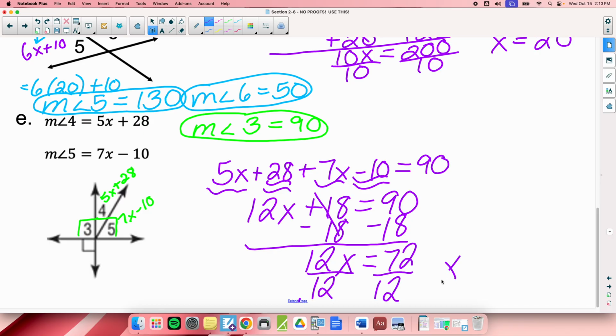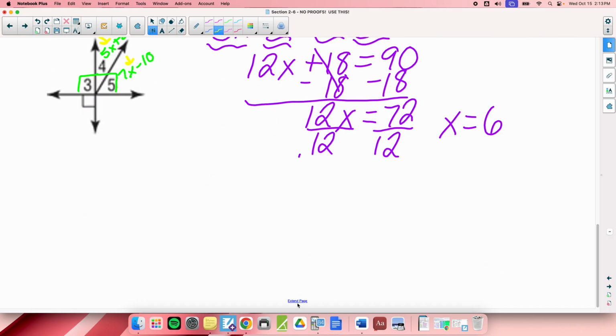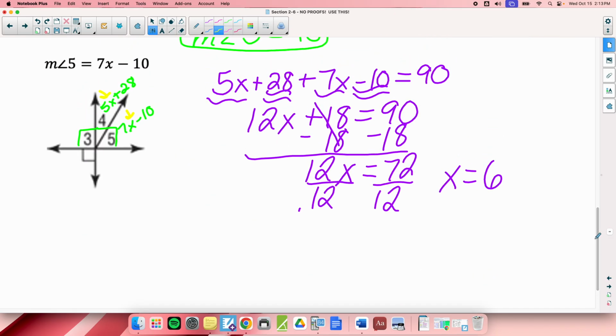Very good. But remember, I still have to put that 6 back in right here and right here. So if I go to do that, angle 4, okay, the measure of angle 4 is 5x plus 28.